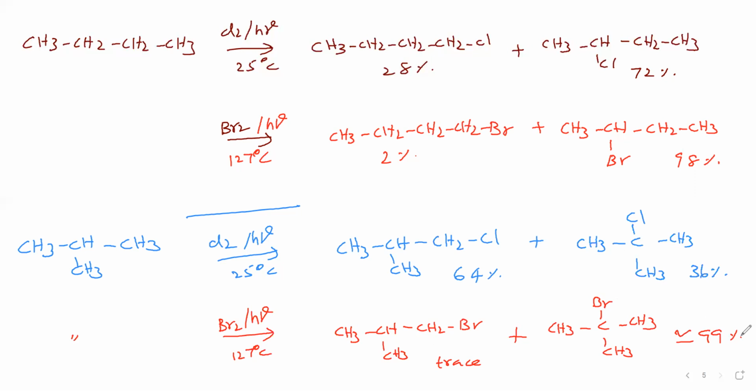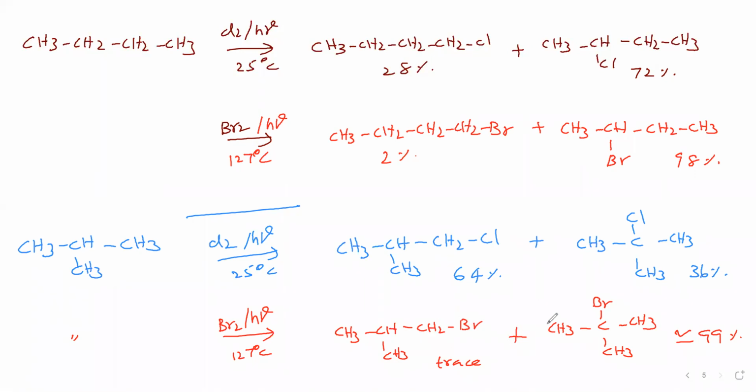So now we will see the chlorination and bromination. For primary, bromination is a trace. For tertiary, bromination is nearly 99%. That means in this case, we have seen bromination at secondary has a higher percentage compared to primary. In this case, we are seeing the tertiary percentage is almost 100%, and the primary percentage is almost nil.